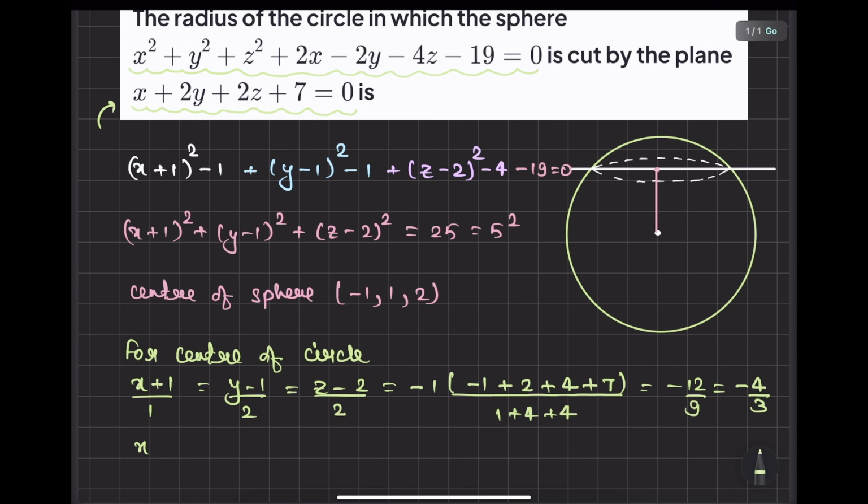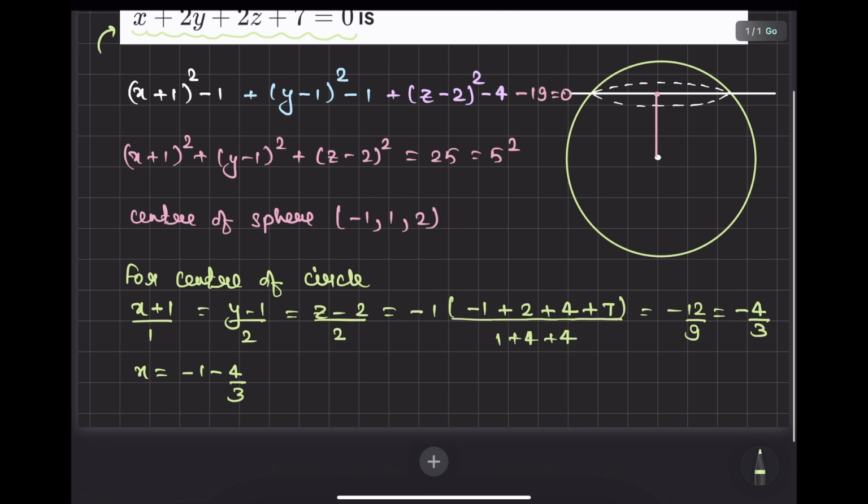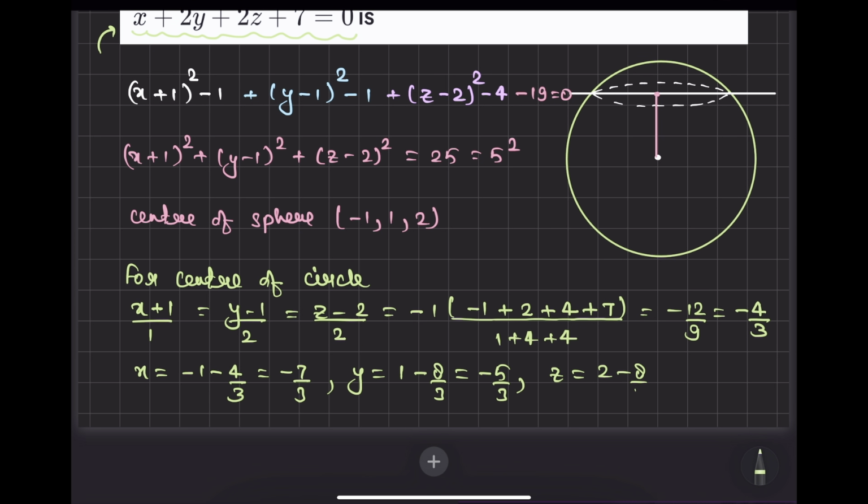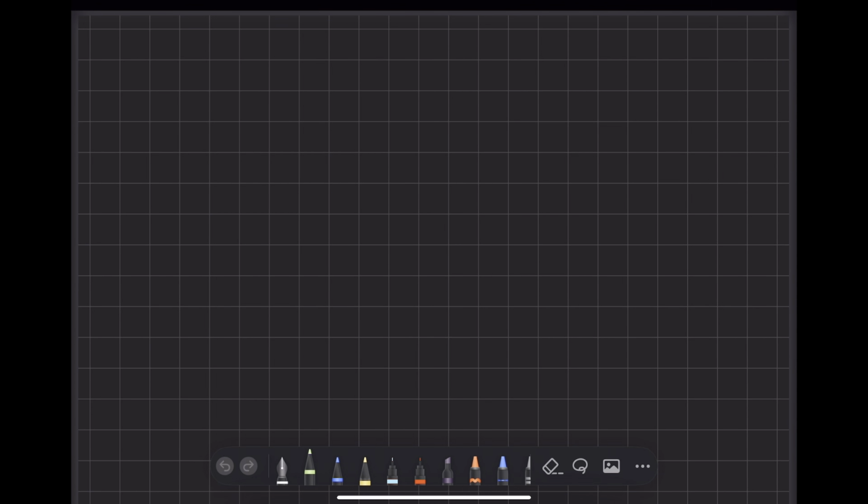So we got x as minus 1 minus 4 by 3, so it is minus 7 by 3. This is your x coordinate. Now for the y coordinate, it is 1 minus 8 by 3, so it is minus 5 by 3. Now for z, it is 2 minus 8 by 3, so it is minus 2 by 3. So you got the center of the circle.